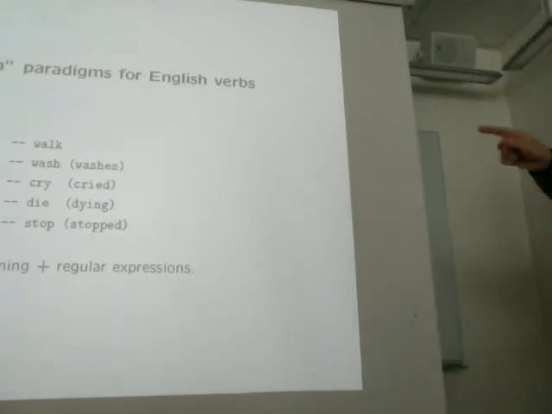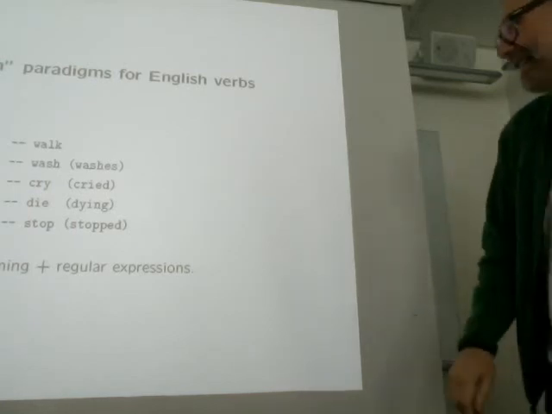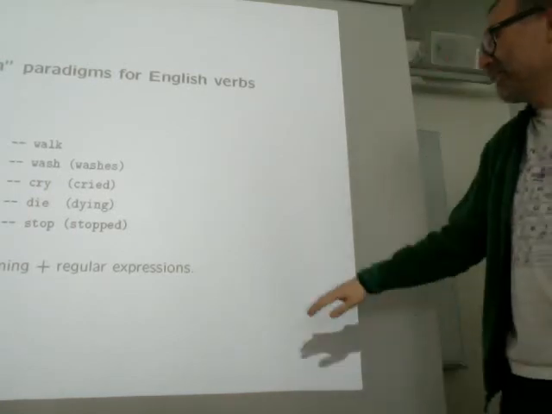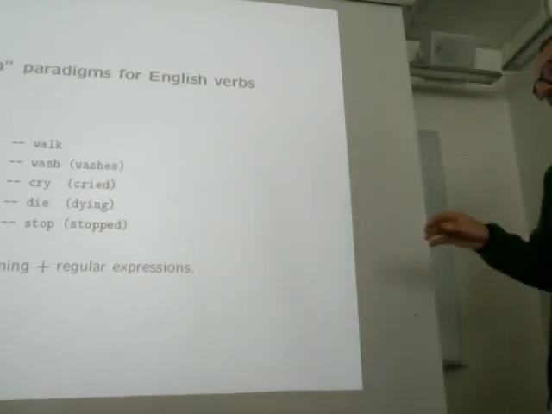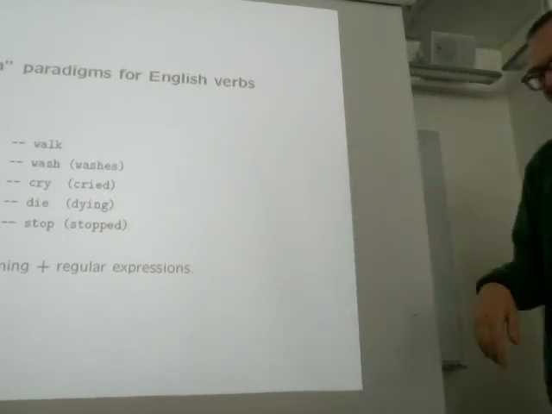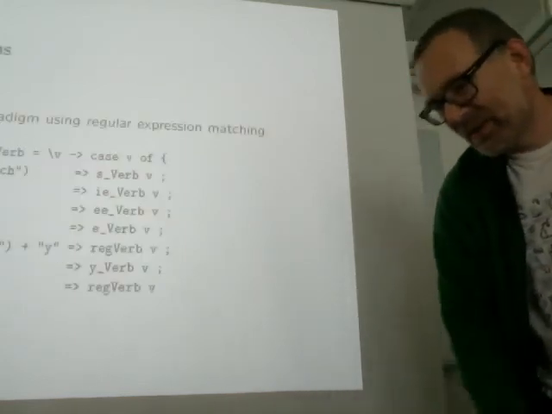In this way you could, for instance, have many paradigms for English regular verbs, as you see here. But in GF, GF uses a combination of functional programming but also regular expressions. So we define it in this way.